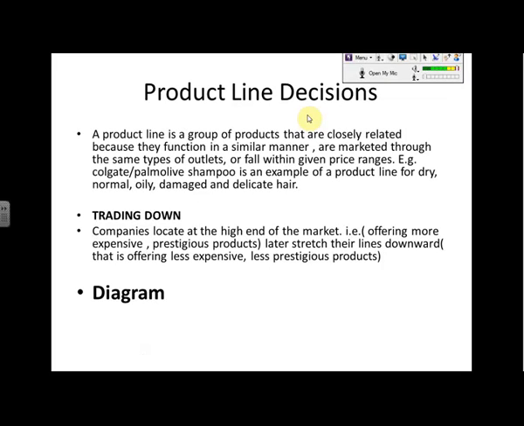For example, with Apple, when they started producing the iPhone 5, they started with one that was very expensive, and at the end they ended up stretching downwards, and they now have an iPhone C and so forth, which are less prestigious and less expensive than the original one.